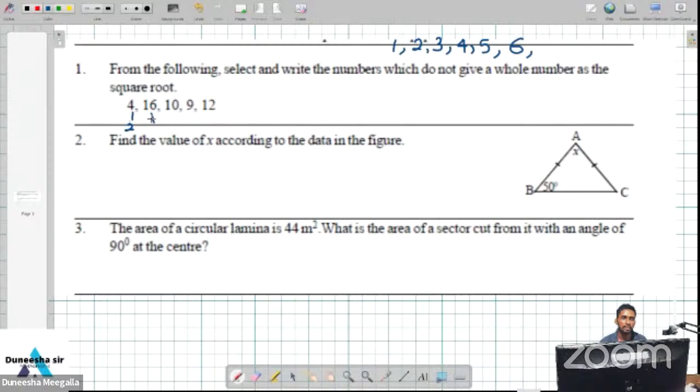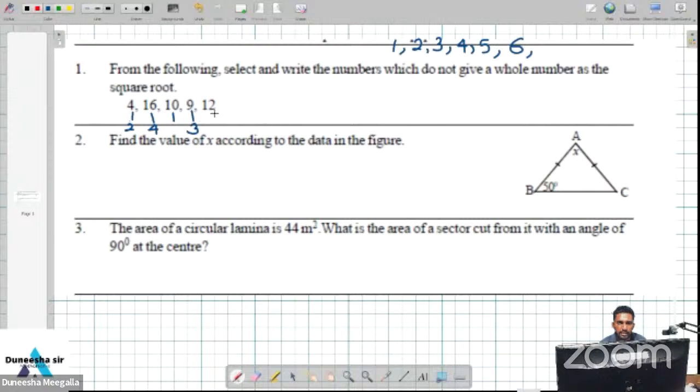What is the square root of 16? It is 4. Then 10, it doesn't give a whole number. Okay. Then what is the square root of 9?